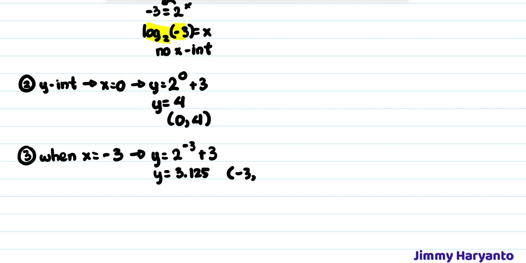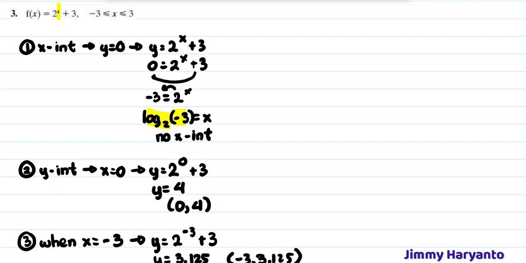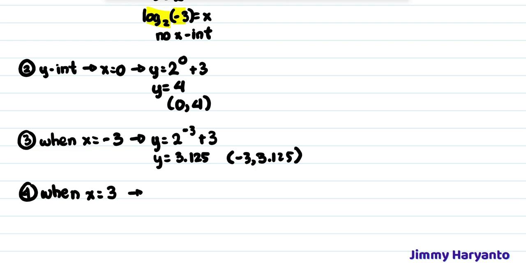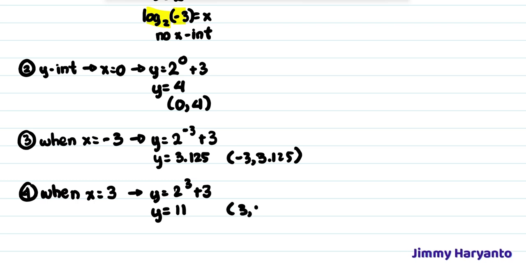So you have another point right here, just like that. And then when x equals to 3, that means y equals to 2 to the power of 3 plus 3, so y equals to 8 plus 3 equals to 11, so 3 comma 11.